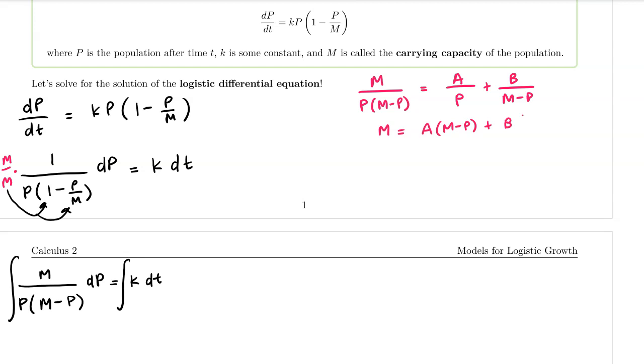plus B times P. And what we can do now is choose some special values. Our variable here is P, so we can let P equal 0.